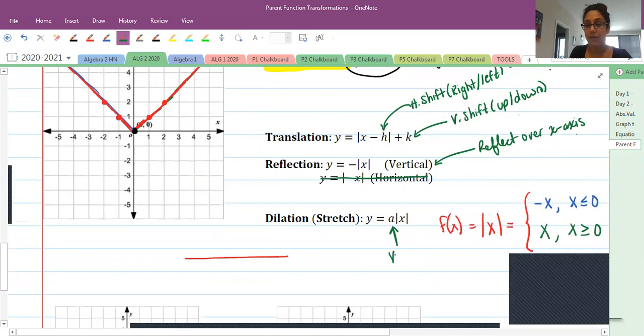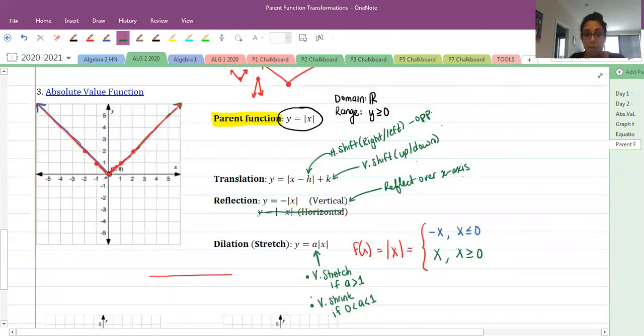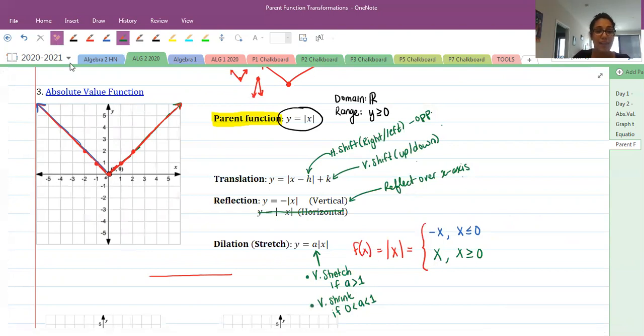But it is a vertical stretch if A is greater than 1, and a vertical shrink if it's between 0 and 1. So that's your little summary. So let's go and do a few examples, and then we're good.